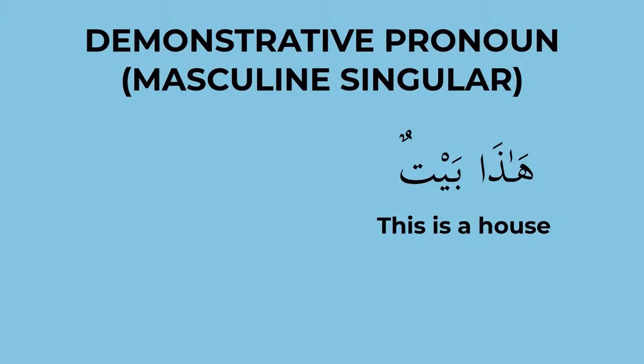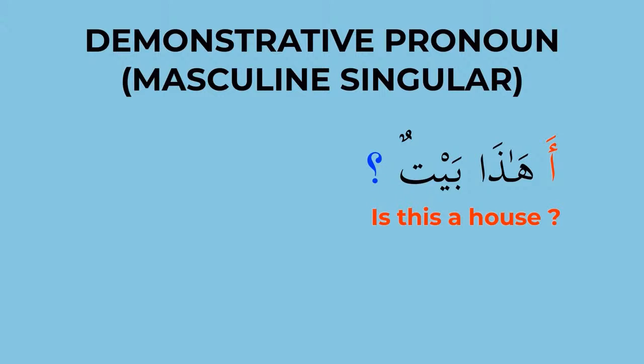This is a house. How do I change that into a question? By just putting a hamza. What will you say now? A hadha baytun? But then you have to put a question mark, and you even have to change your tone. Ahadha baytun? Now you're asking a question.